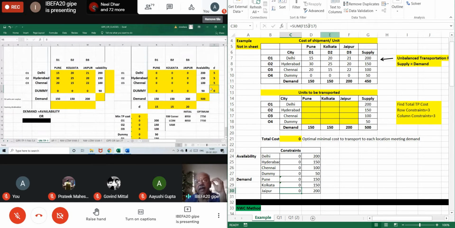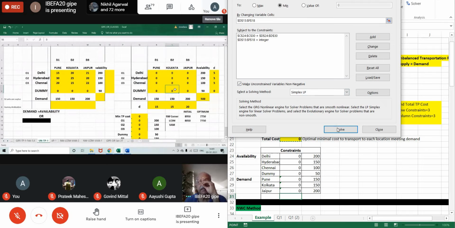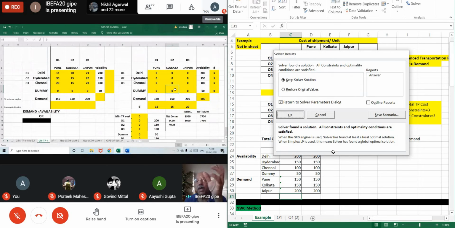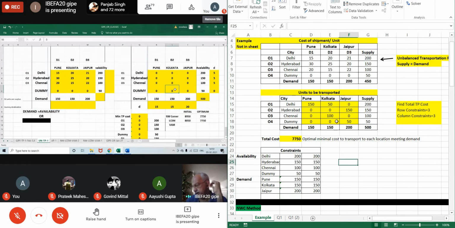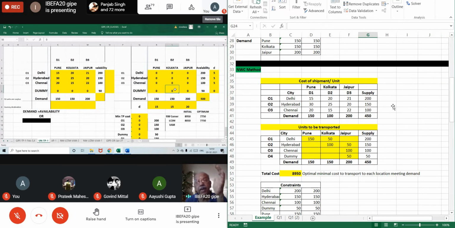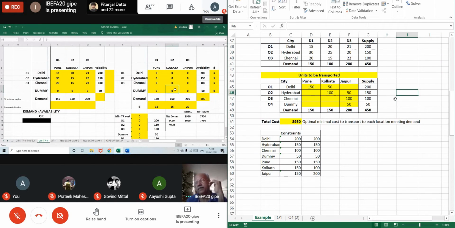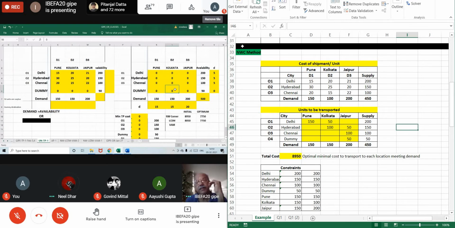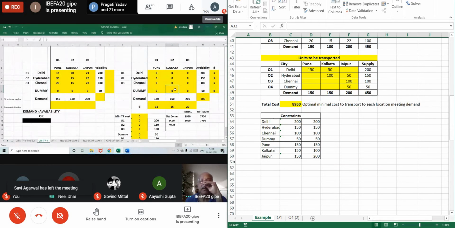In that direction, Kolkata has the allocation, or Jaipur can have the allocation, or Pune can have the allocation. Sir, shouldn't we put it in the column of Jaipur, the one with the highest D value?